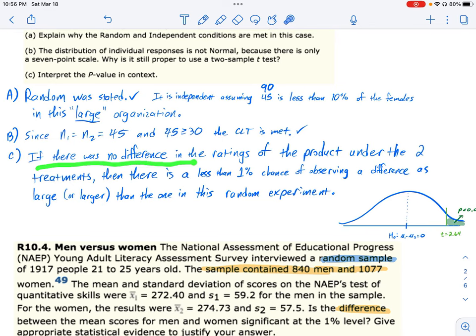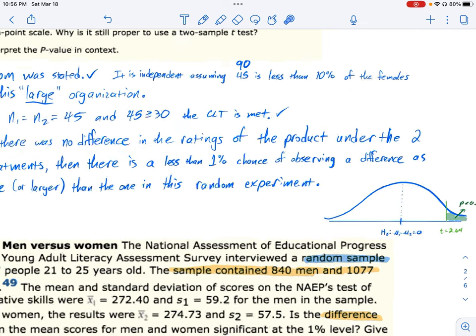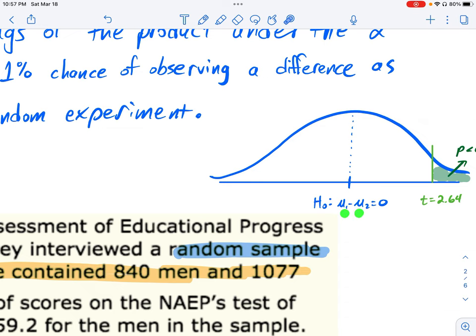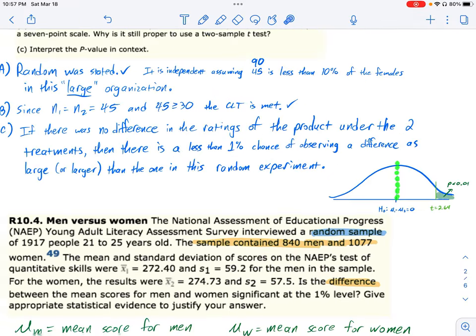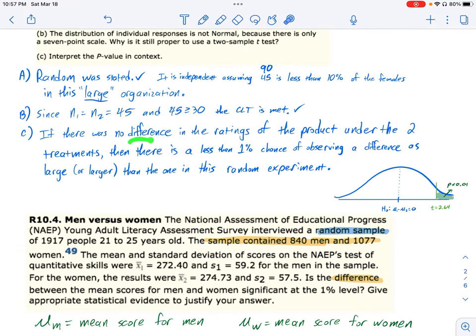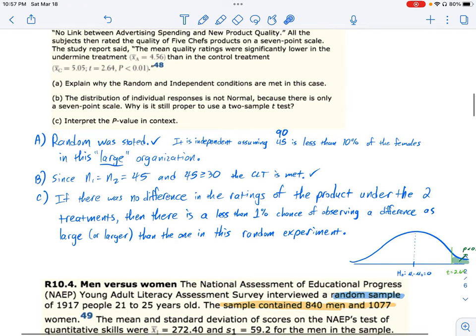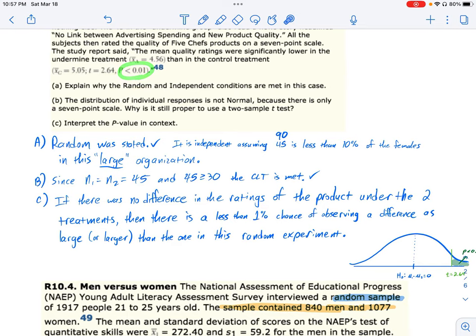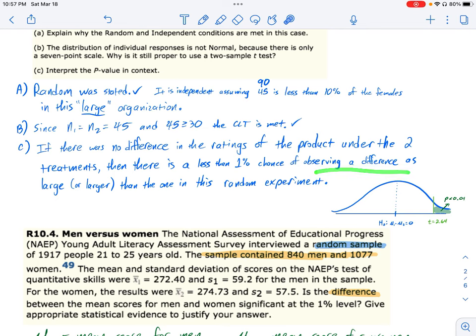If there is no difference, if our null hypothesis is true, if the averages are equal, in other words, if you subtract them and you get 0, if there's no difference in the ratings of the product under the 2 treatments, that's essentially saying if the null is true, then there's a 1% chance, actually a less than 1% chance, of observing a difference as large or larger than the one in the random experiment.